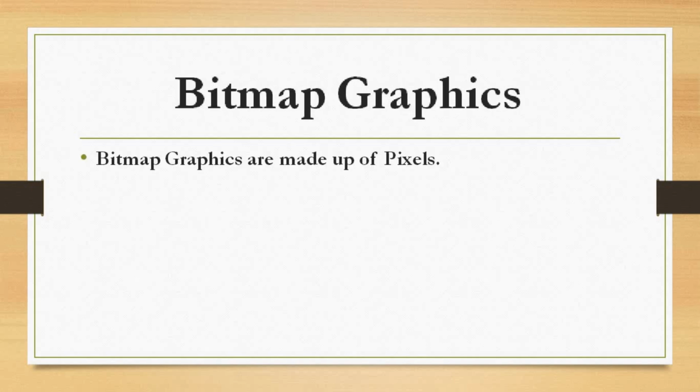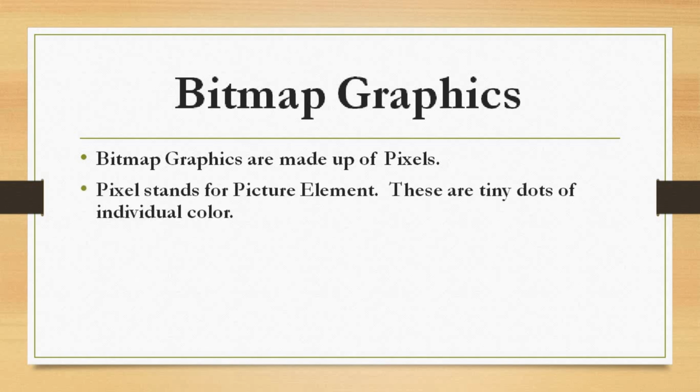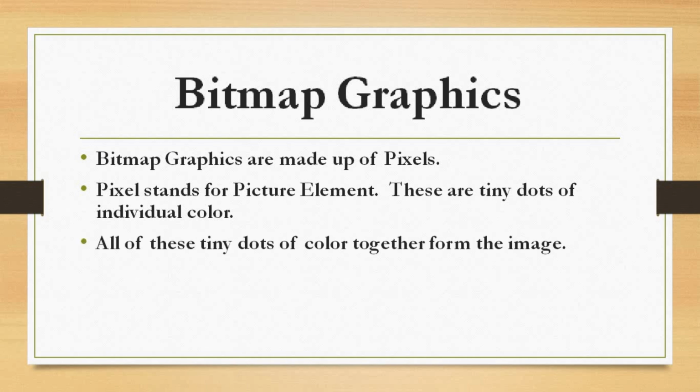So bitmap graphics are made up of pixels. What is a pixel? Pixel stands for picture element. These are tiny dots which have a particular color. All these tiny dots of color together form an image.